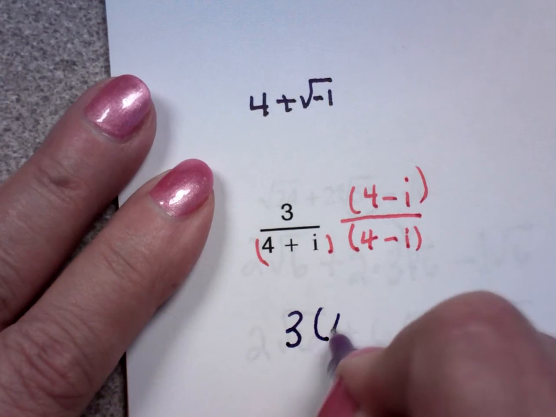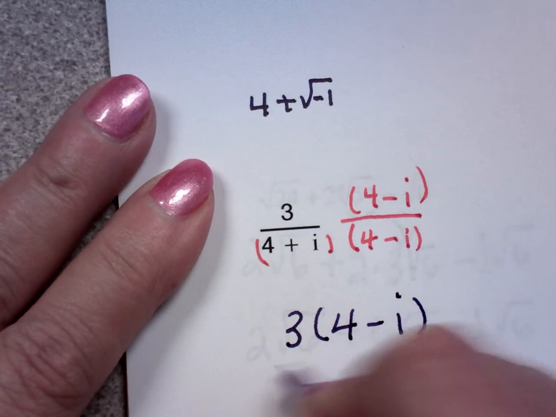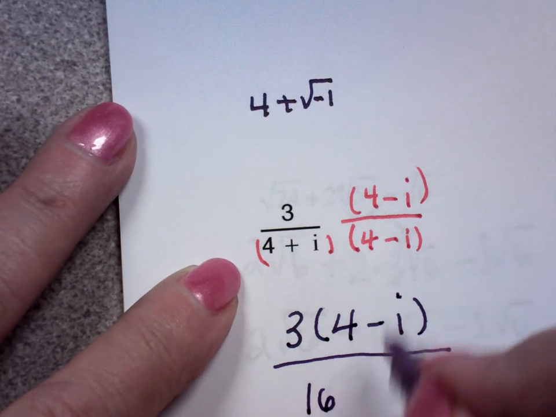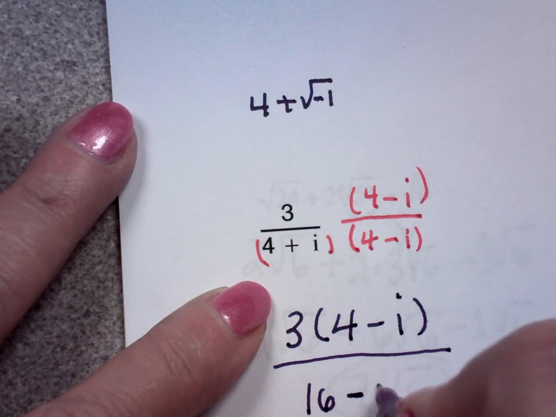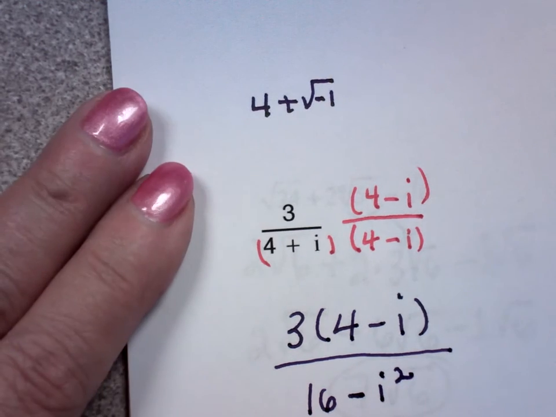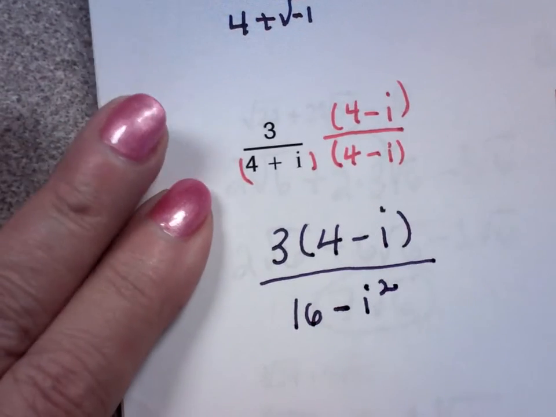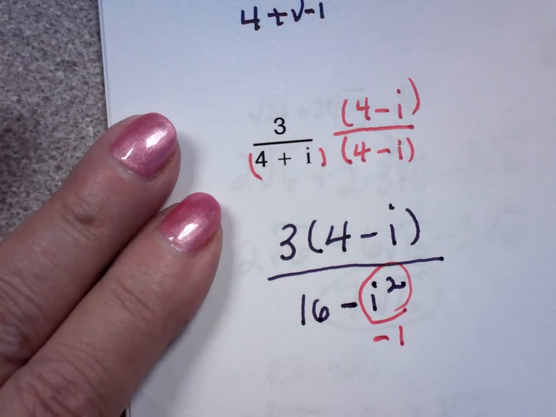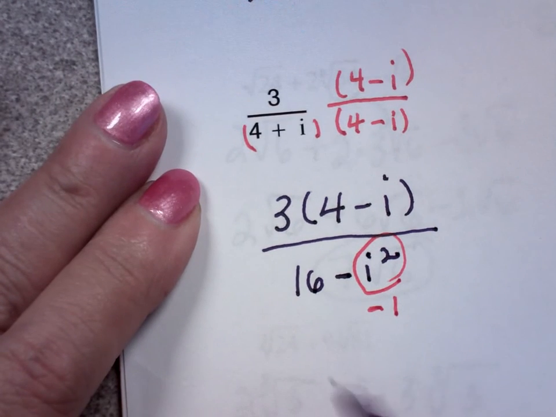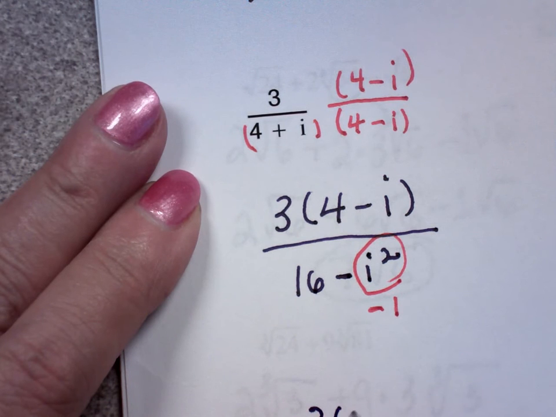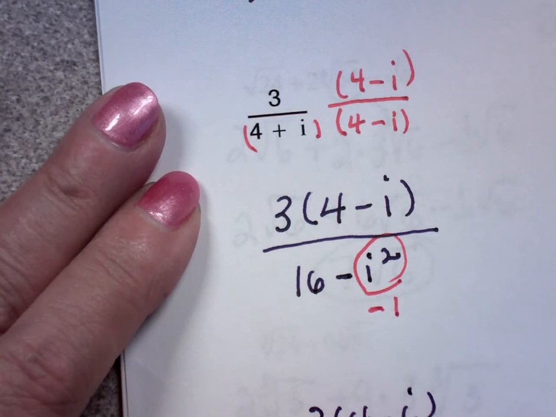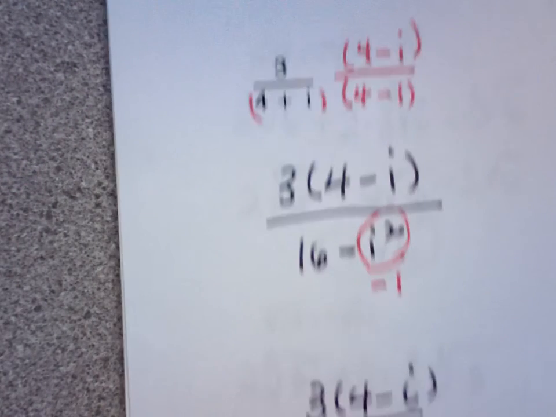So 3 times 4 minus i over 16, inner outers add to 0, minus i squared, and i squared is negative 1, right? So this becomes 3 times 4 minus i over 16 minus a minus 1, which is 17. Nothing's going to come out of there.